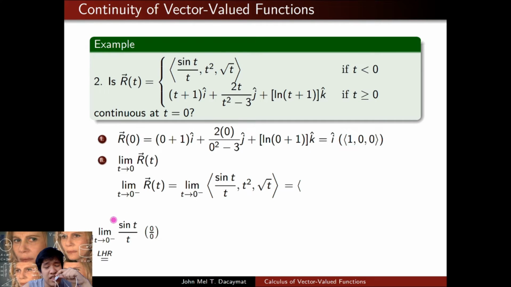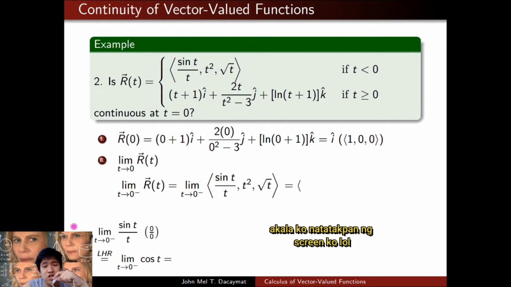The derivative of sine t on top is just cosine t. The bottom is just 1. So you're just left with the limit of cosine t. Anyway, if not, you can do that on your own. That's just L'Hopital's rule. The answer is 1. Only the limit of cosine t is left as t goes to 0 from the left. So 1 is your first component here.